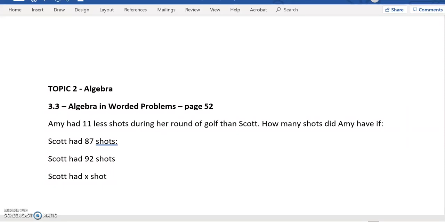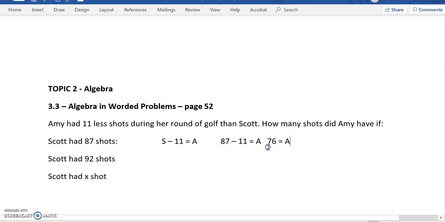Amy's going to have 11 shots less. So we could represent that as Scott minus 11 equals Amy's. So in this case, Scott had 87 minus 11 equals Amy, and 87 minus 11 is 76. So Amy had 76 shots.